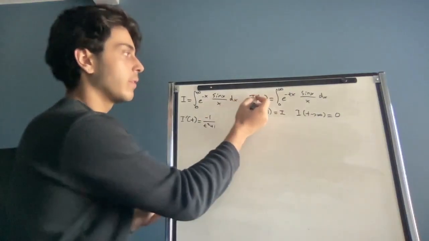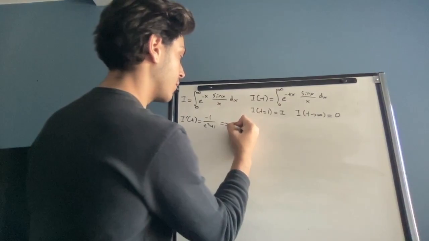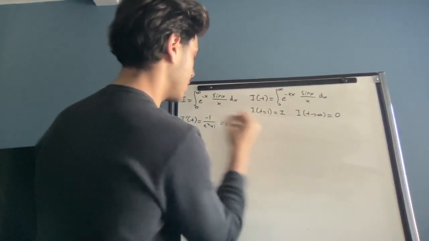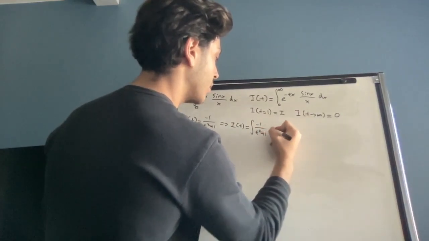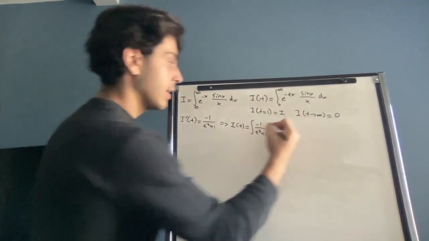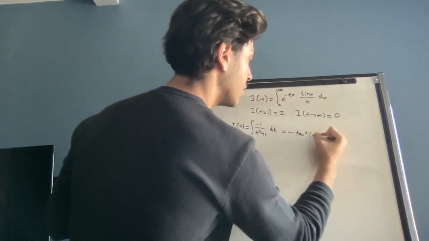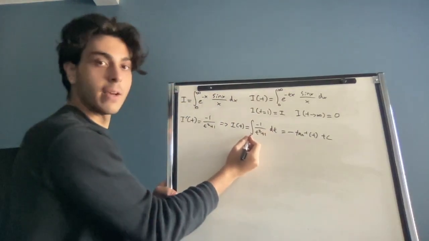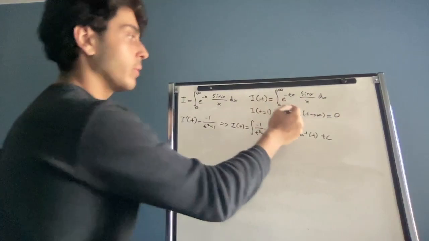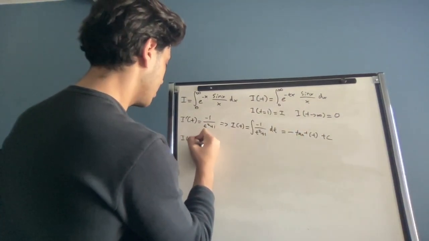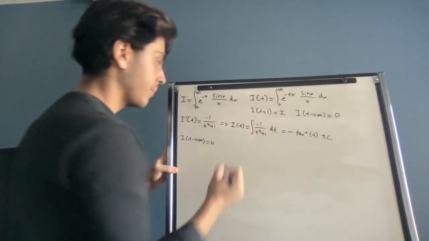Now that we have a derivative of the function that represents our integral, we can again integrate this to give us I of t is equal to the integral of negative 1 over t squared plus 1 with respect to t. This is just the negative inverse tan of t plus c, because this is an indefinite integral, so we need to add a constant at the end. To solve for this constant, we take I of t as it approaches infinity, because we know that is just 0.